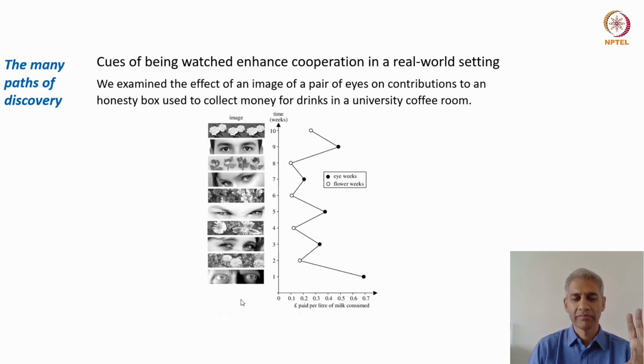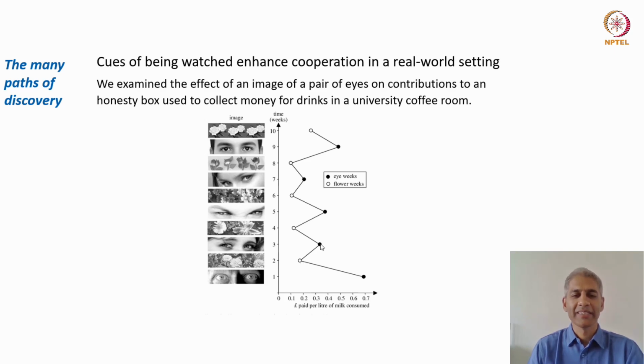You have a coffee percolator, and above that they just stuck the image of a pair of human eyes. In the first week, they stuck this image which has this kind of angry looking gentleman in it, and this is the average contribution they got from people. In the next week, they stuck the image of flowers, and this is the contribution they got.